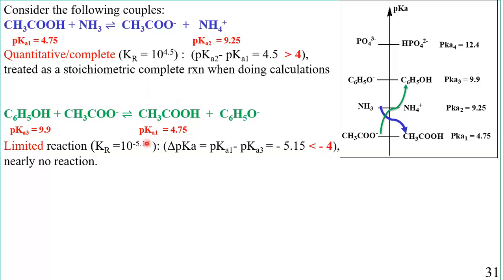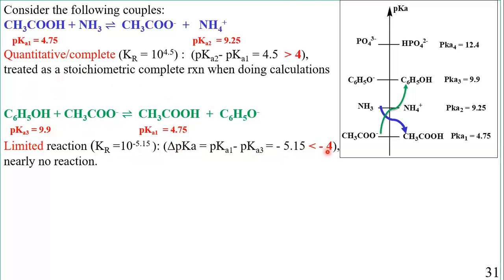Let's get the K reaction, shall we? That's even easier to do. What's the change in pKa values? Change in pKa is product pKa minus reactant pKa. So that is 4.75 minus 9.9, which is minus 5.15, which is actually less than -4.